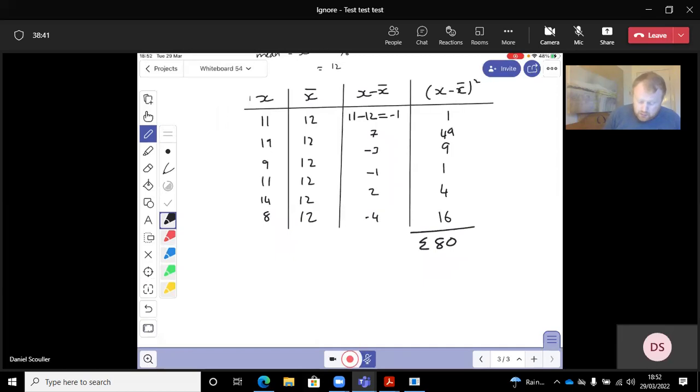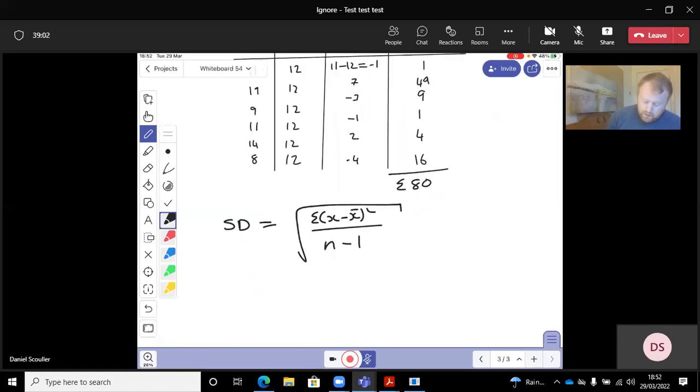Why do I need this? The standard deviation formula, which we get at the start, is the root of the sum of x minus x bar squared over n minus 1. That's what we've just found out. So I just put that number 80 in that part of the equation.